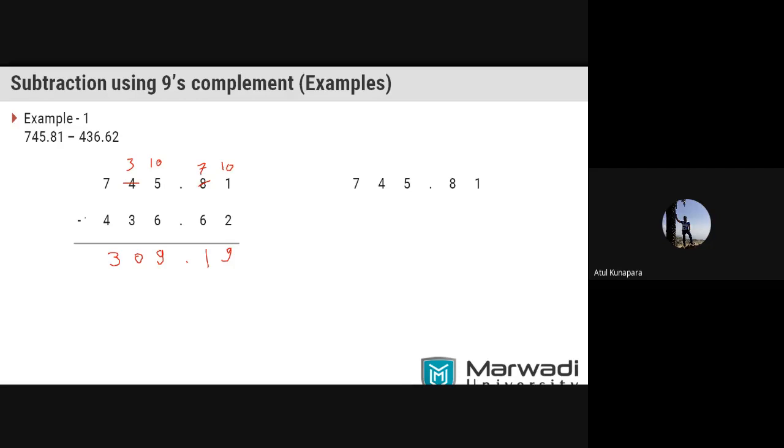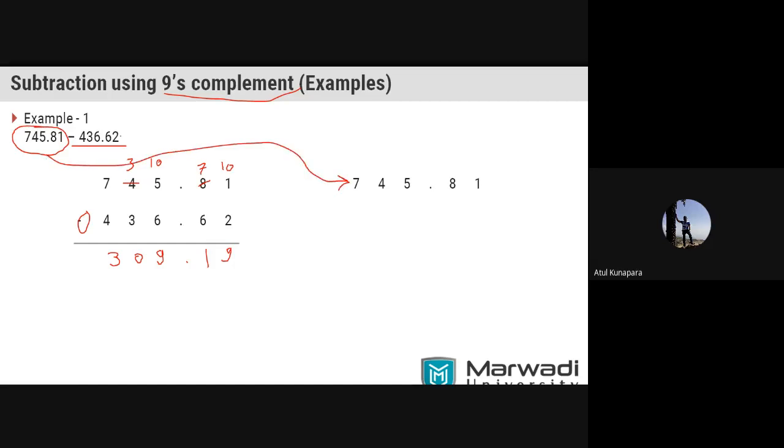But now we do not want to do this kind of subtraction using the given numbers. We want to do this subtraction using the 9's complement method. Now how can that be done? The rule is that you write down the minuend first as it is, like what we have written.